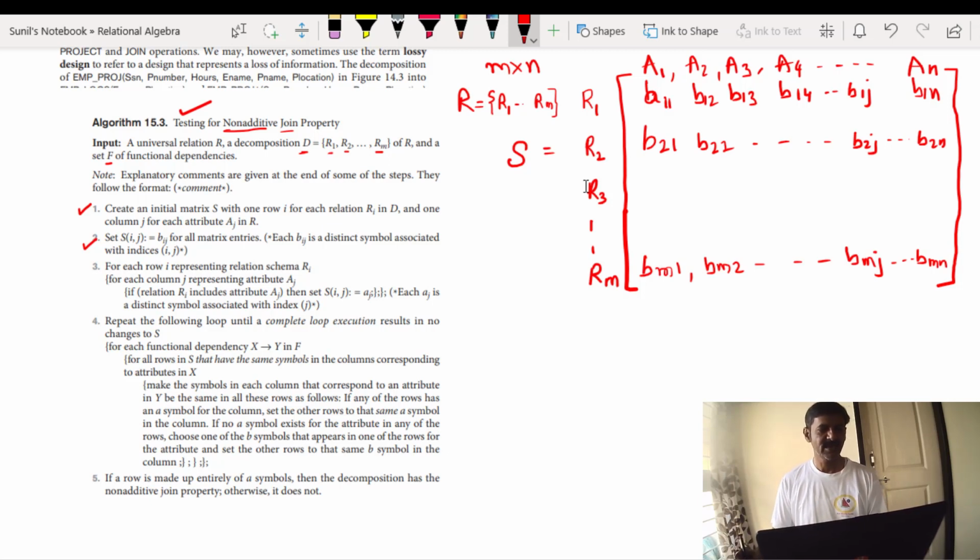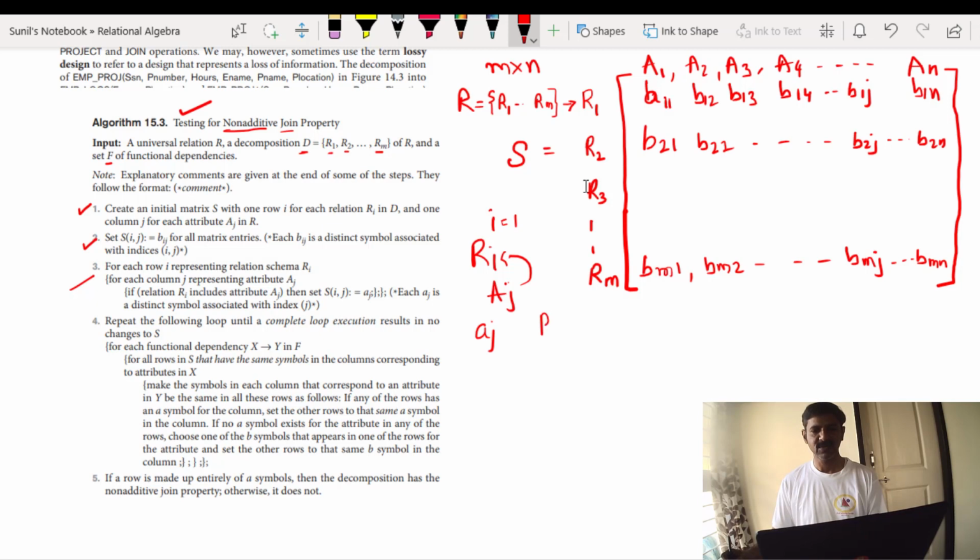The next step is for each row i representing a relation Ri. So you go to the first row here, i is 1, and if attribute aj is contained in Ri, then you have to replace that particular bij value with aj.